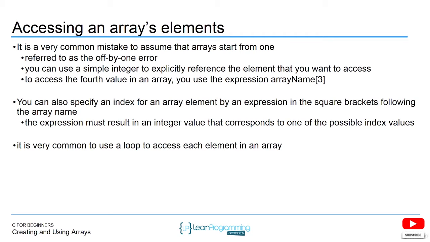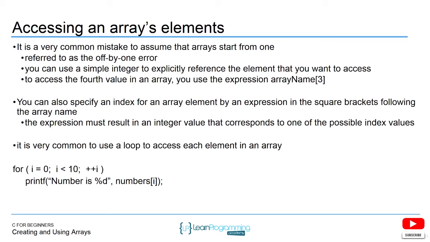It's very common when you're storing elements in an array to use a loop to access them. We're going to go through an example of that as well. For example here, we have a for loop, and we're initializing our loop control variable I to 0, and we're exiting once I is less than 10.